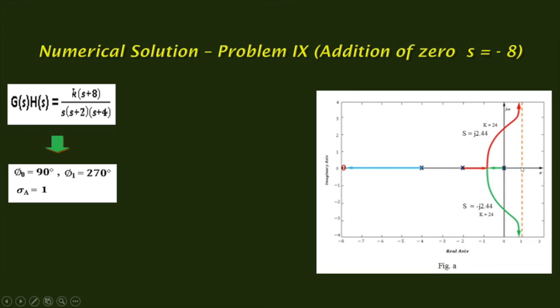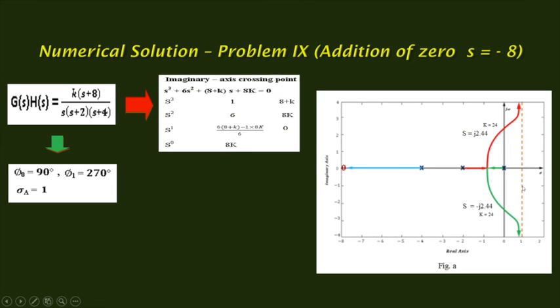And draw the asymptote from the center, sigma A equal to 1. So 1 is the 90-degree angle. This is another, the 270-degree angle. These root loci move to infinity along this asymptote.